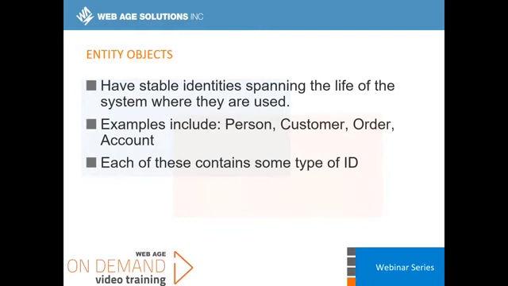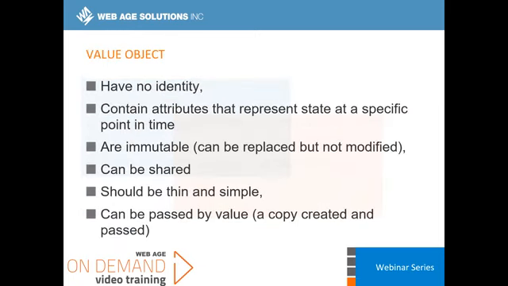The primary responsibility of an entity is to provide that unique identity and to implement equality checks. And so hopefully the identity of an entity is consistent and constant throughout its lifetime.